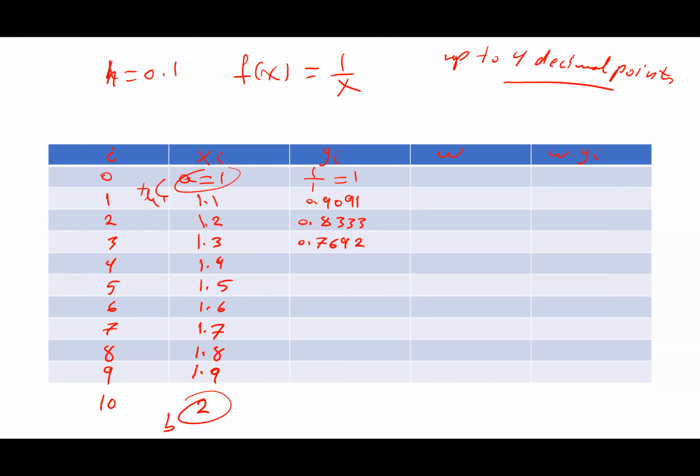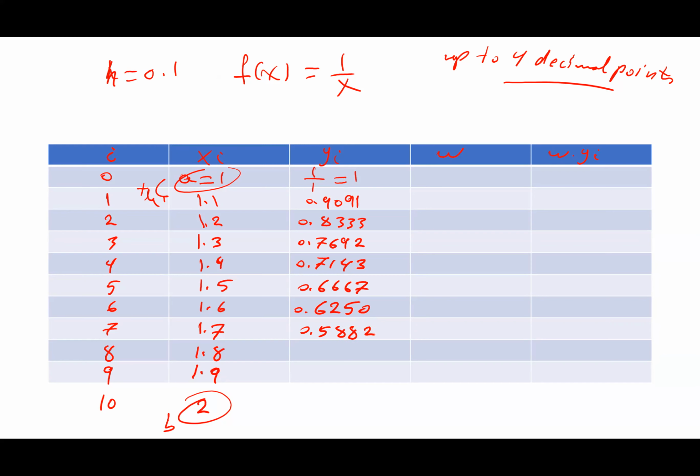If it is 1.4, I will have 0.7143. If it is 1.5, it will be 0.6667. If it is 1.6, it will be 0.6250. If it is 1.7, we'll have 0.5882.